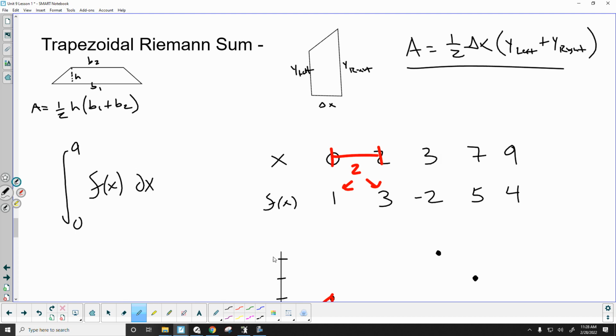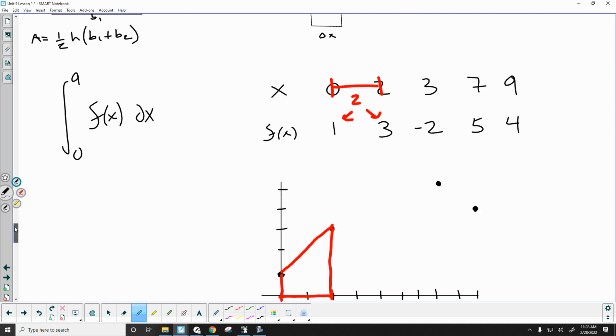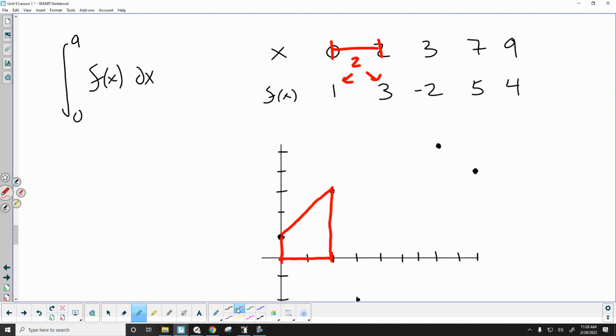For our first trapezoid, 1/2, width of 2, heights of 1 and 3, 4. On your test, you had these. You could have used this formula instead of splitting it into a rectangle and a triangle. You probably still will split it into a rectangle and a triangle, but you could use this formula.